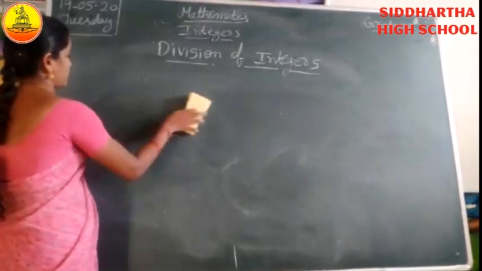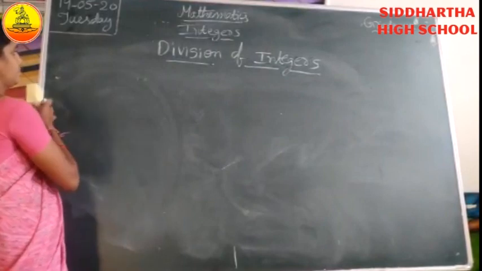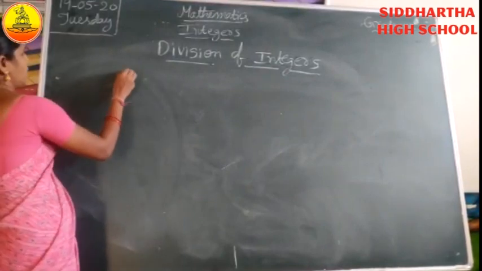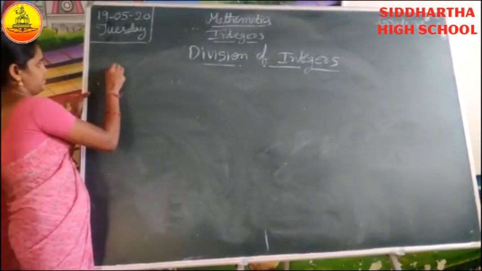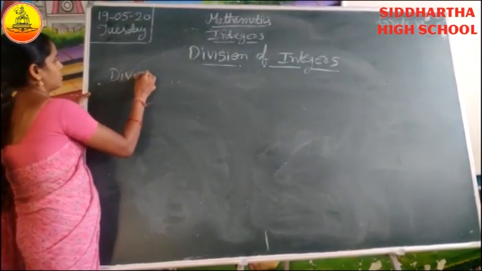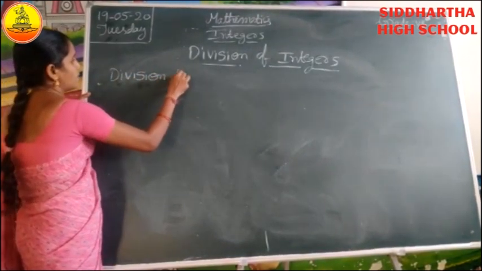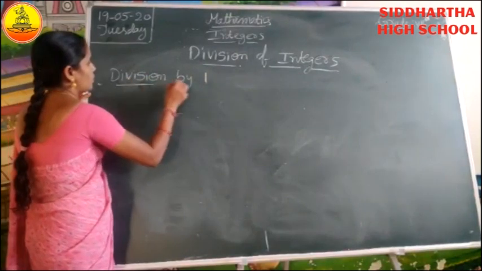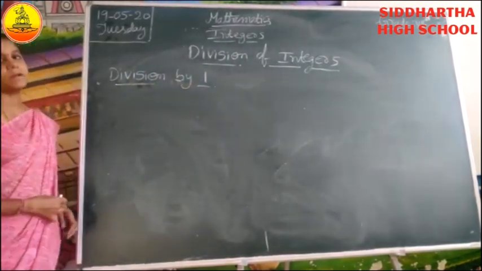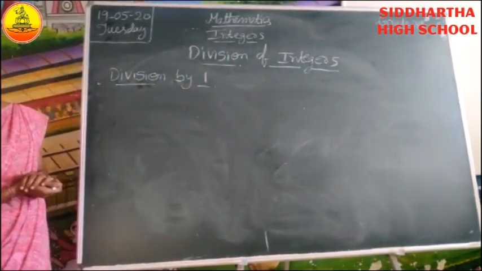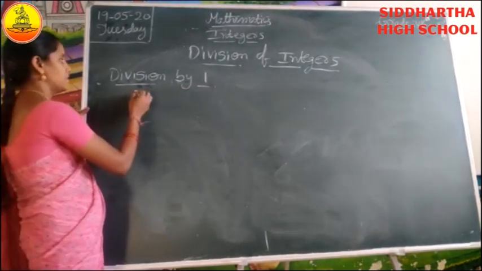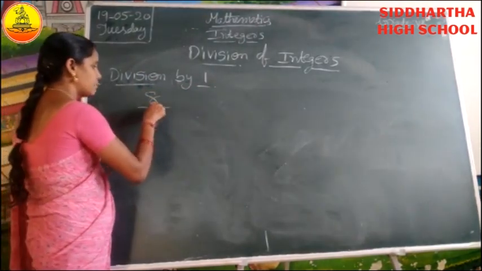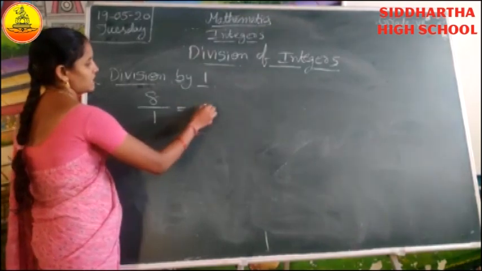Next, division by 1. Whenever we divide any number by 1, again you get the same number as the quotient. For example, if I divide 8 by 1, what is the result? 8.